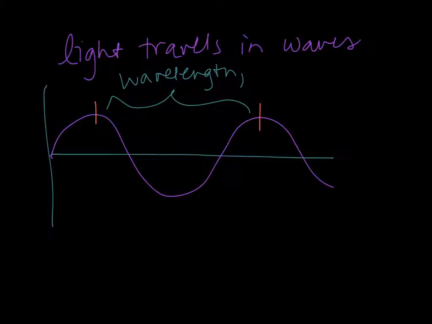And wavelength is represented by the Greek letter lambda, and it's typically measured in meters. We'll often report visible light in nanometers, or you might see micrometers sometimes, but for the most part it's measured in meters.